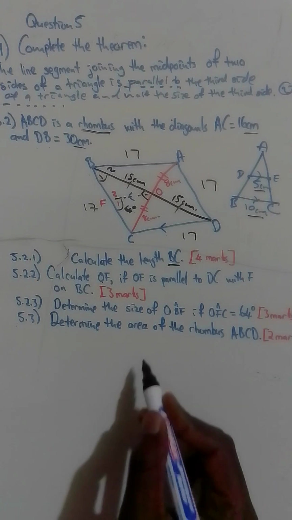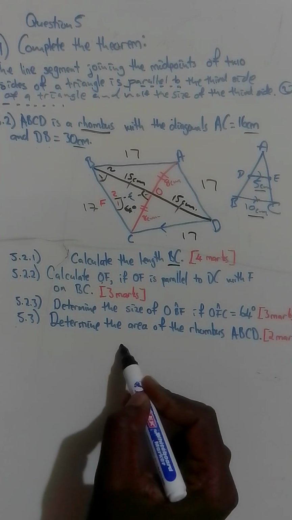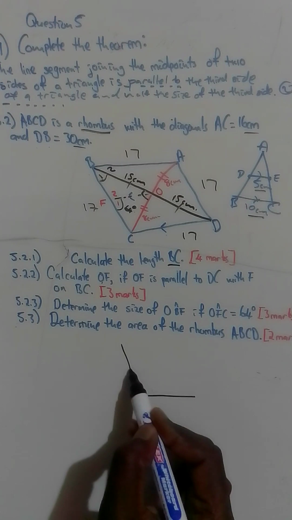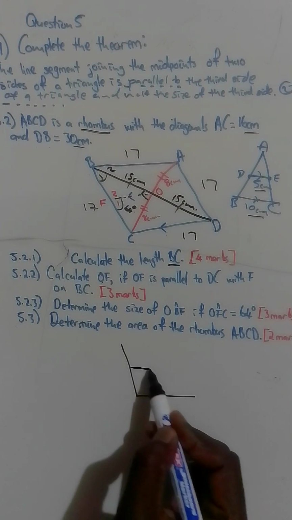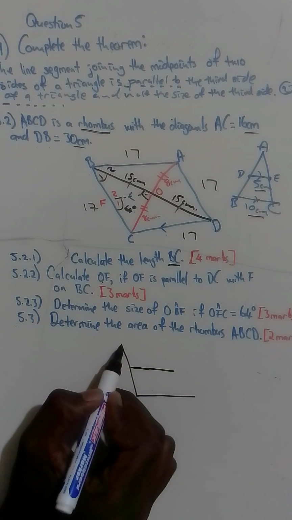But now, if I'm to draw BCD again, I will say that I've got B, I've got C and D, right? And here I've got point F. And then from there I join this.